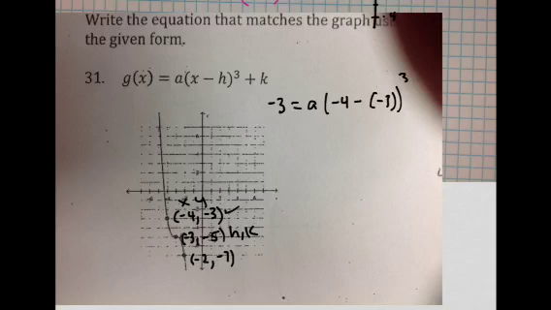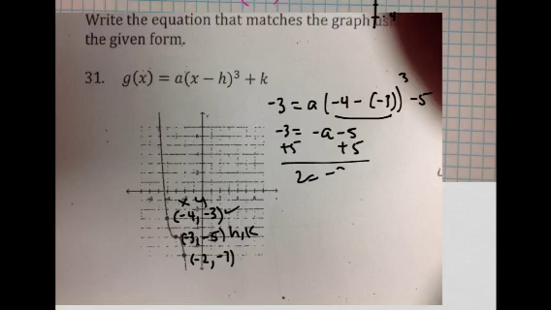So k is -5, so I'm going to put -5. So -3 equals, now this gives you -4 plus 3, so that's -1. So that's -1 cubed is still -1, so it's -a minus 5. I'm going to add 5. So 2 is -a. So that means that a is -2.